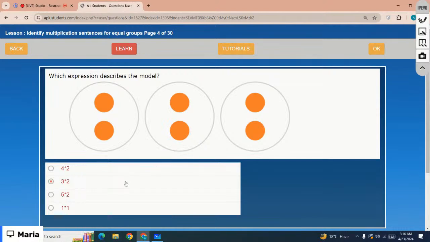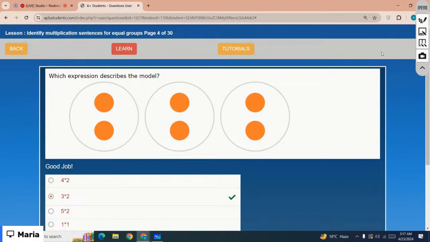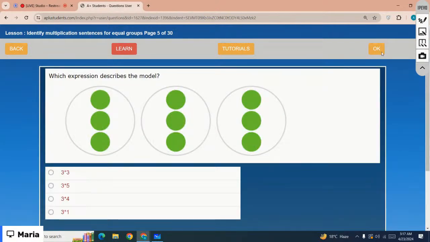The correct option is the second one. Very good. Which expression describes the model?